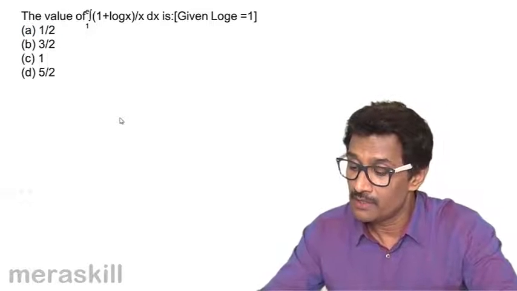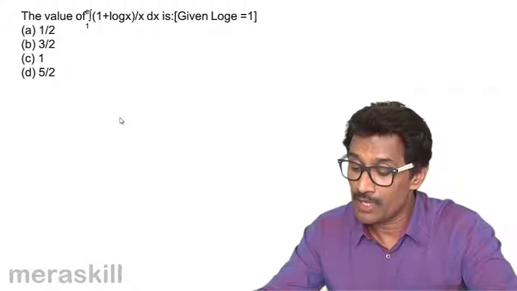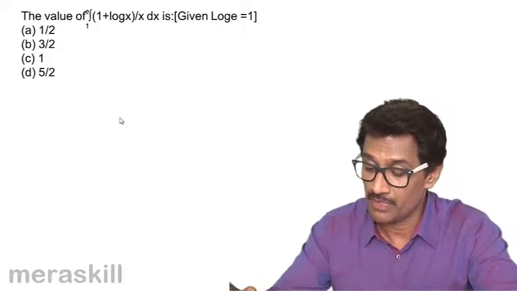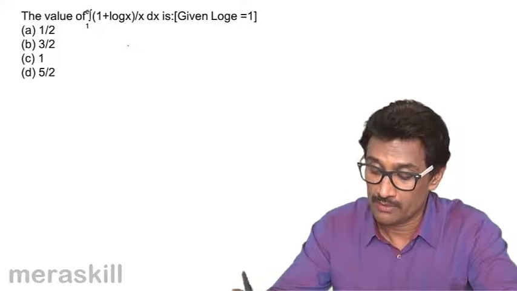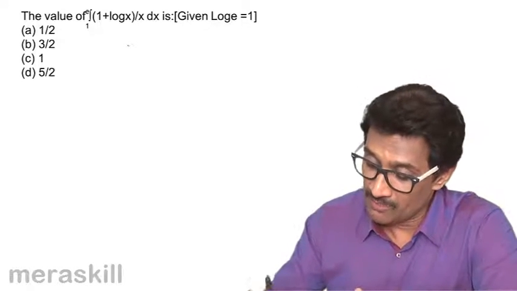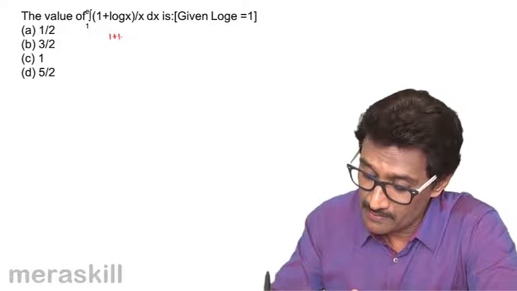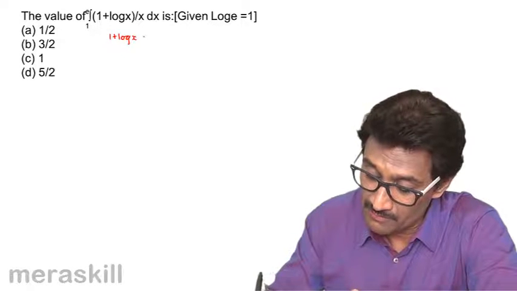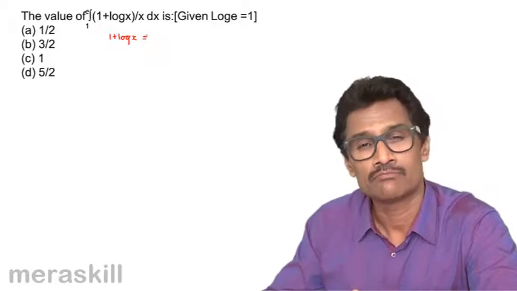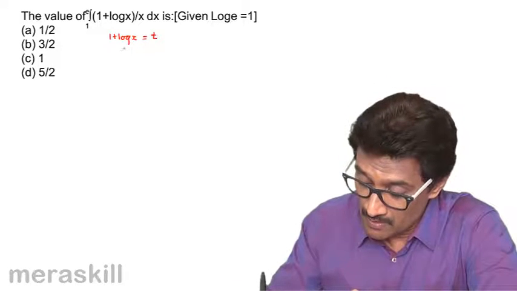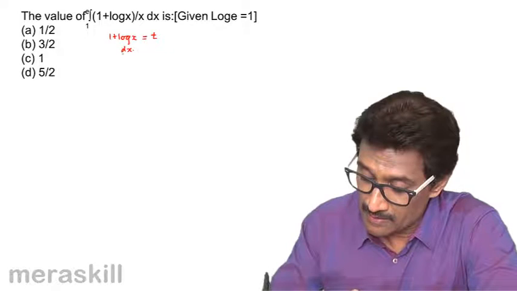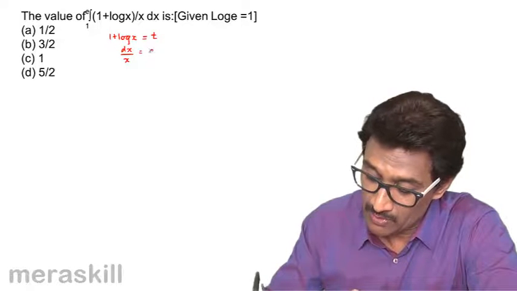Then you have the value of 1 plus log x upon x dx is so and so, from e to 1. Okay. Let's see what we have. We have 1 plus log x upon x dx. You can take 1 plus log x as, say, t. So dx upon x is equal to dt.